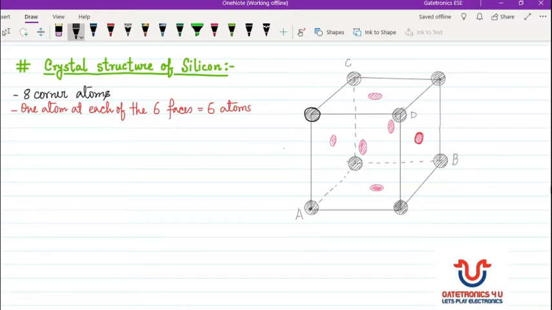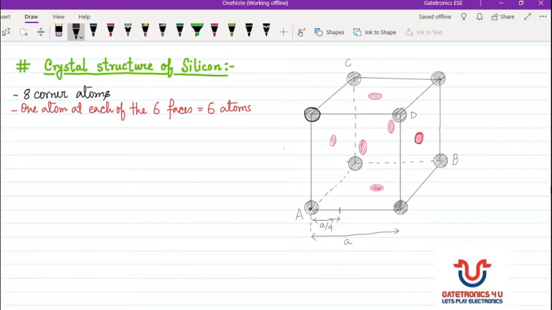So we have named these corners. Now, from this A corner in this direction, by an amount of a by 4 distance, and a is the total length of the cube, or it is the lattice constant.